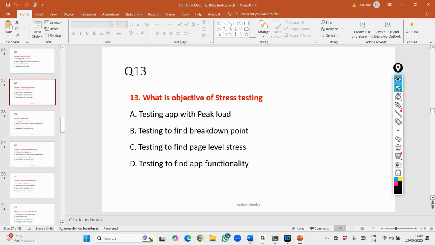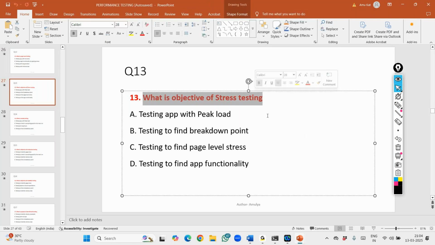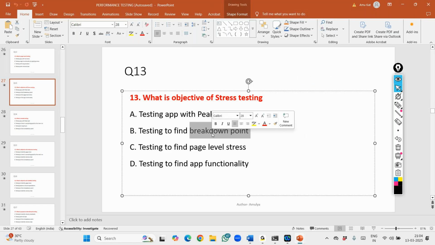What is the objective of stress testing? It's B. Yes. So here we are identifying the breakdown point, exactly at what point you are going to see sudden surprises in the application where there will be no response.